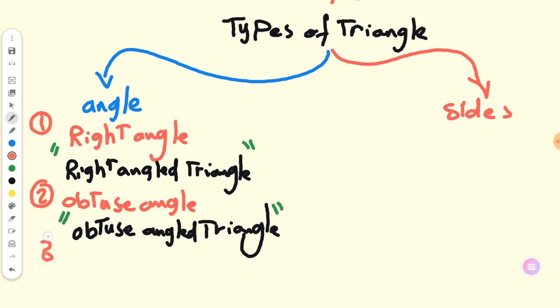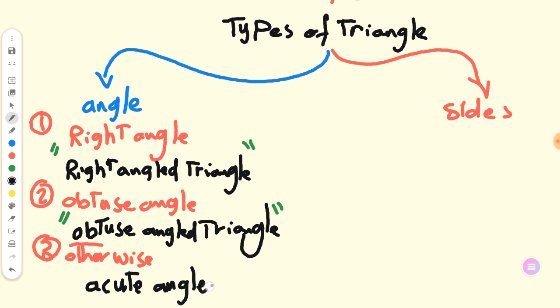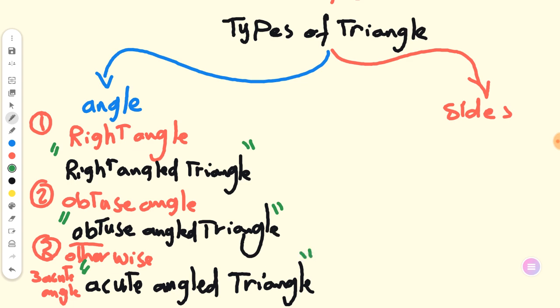Otherwise, we call it an acute angled triangle, because it will have three acute angles. You will find the acute angled triangle has three acute angles. Okay? These are the names or types of triangle from the side of angles.